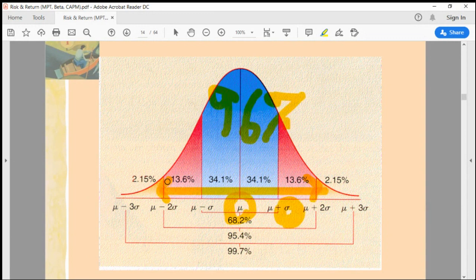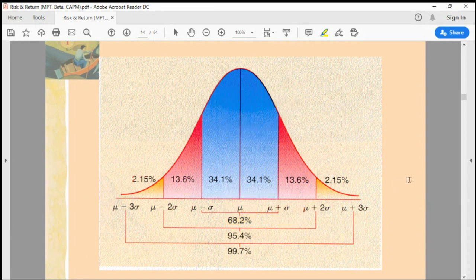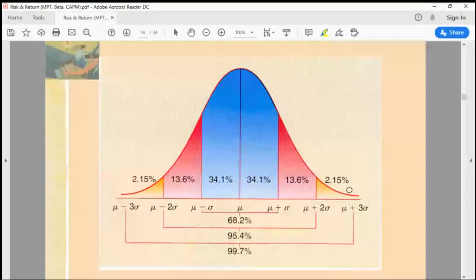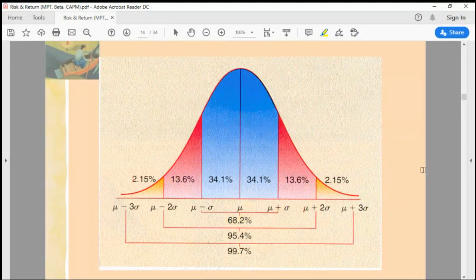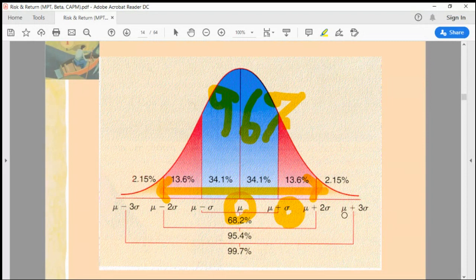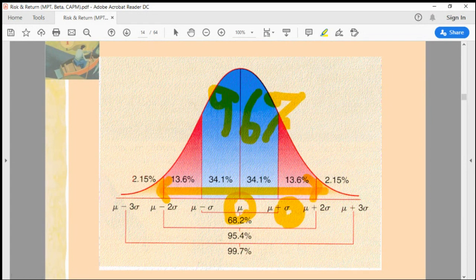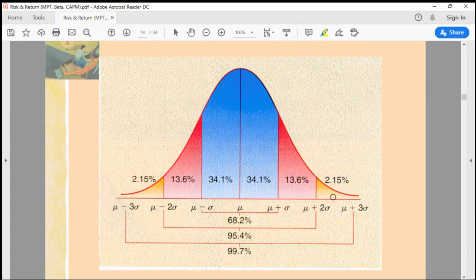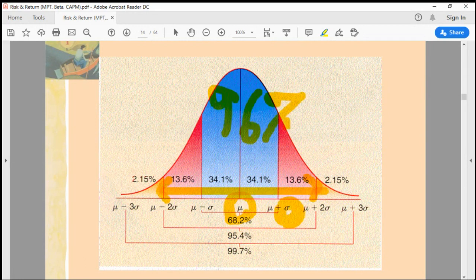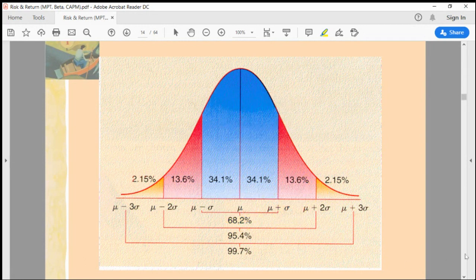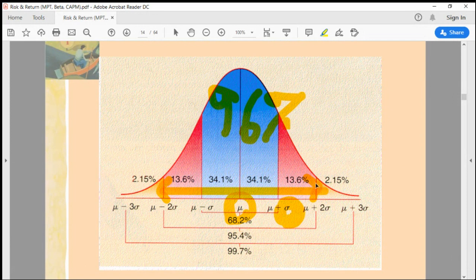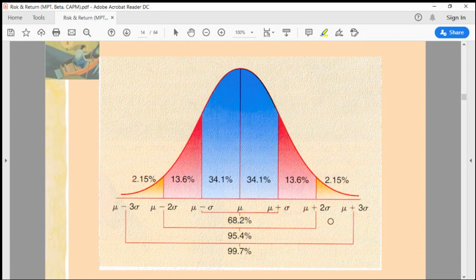Extremely high or extremely low, they both have extremely low probabilities. The upper tail end and lower tail end are called outliers because they are lying outside. Now, what does it have to do with Apple's return? Think about it.